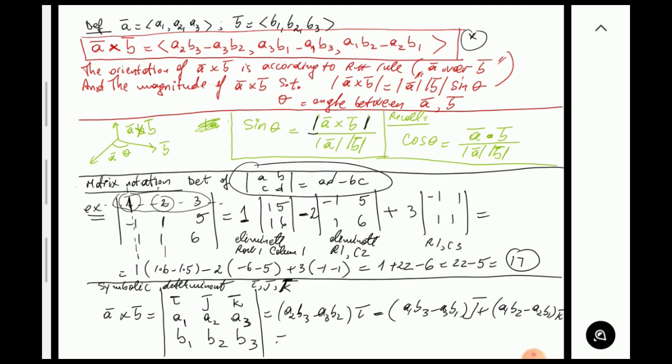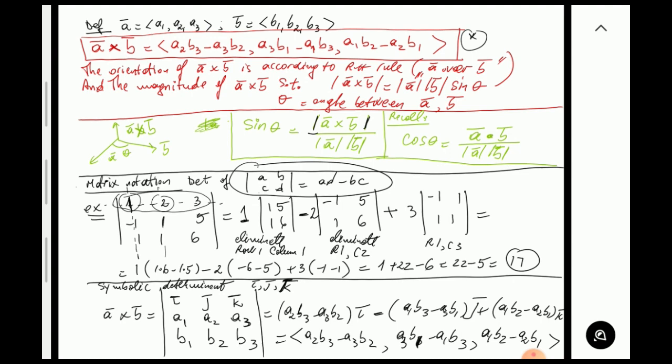So obviously if I write it in the component form, then I recover, and here I put a minus inside, I prefer to do that, A3 B1 minus A1 B3, and then A1 B2 minus A2 B1. So now I recover basically the definition I have on the top. Either way is fine, whichever you prefer.